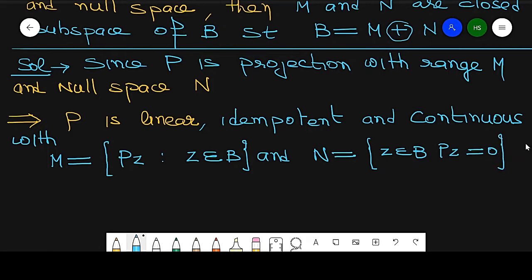Suppose this is equation number 1. So this is the given definition of a projection.